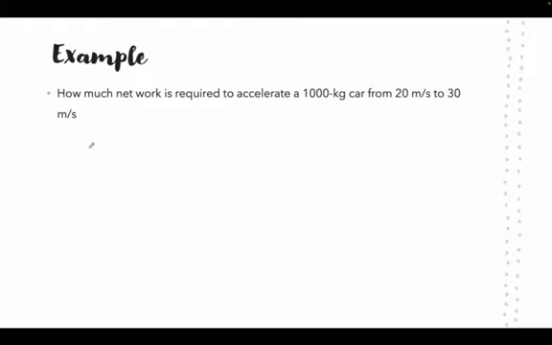All right, welcome back. So, from the work energy theorem, we can say that the net work is equal to the change in kinetic energy, which is 1/2 m final velocity squared minus 1/2 m initial velocity squared.